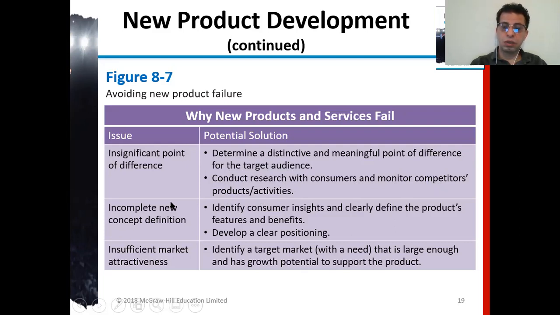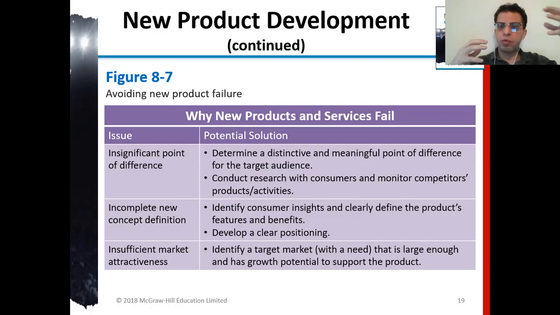The second issue that might cause failure is an incomplete and new concept definition. When we said mobile diabetes, the concept was unacceptable at that time.